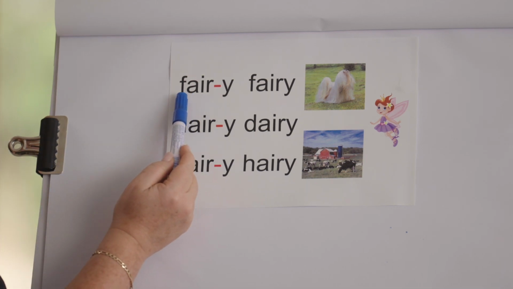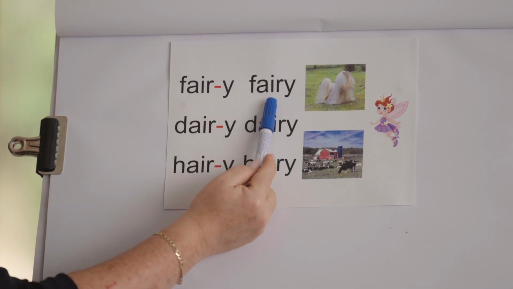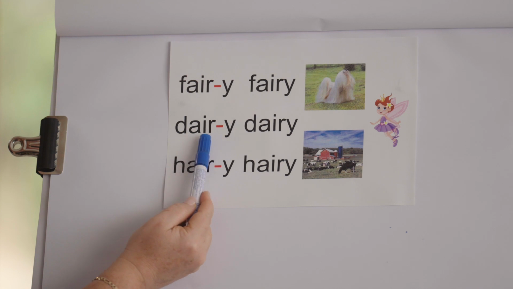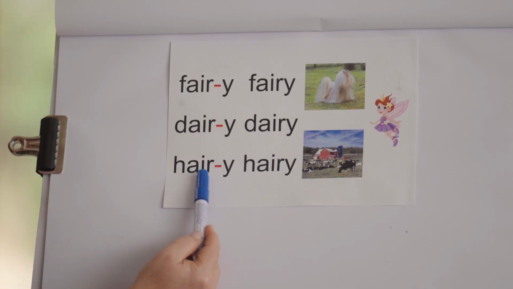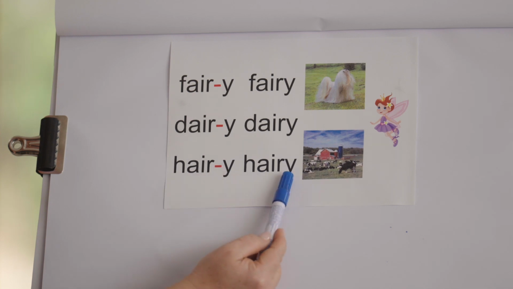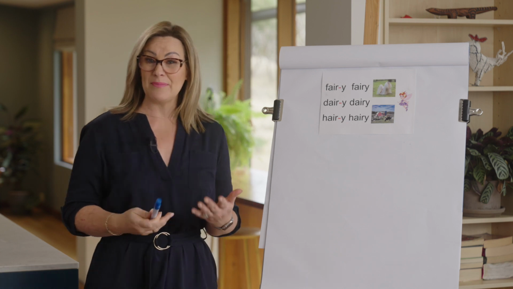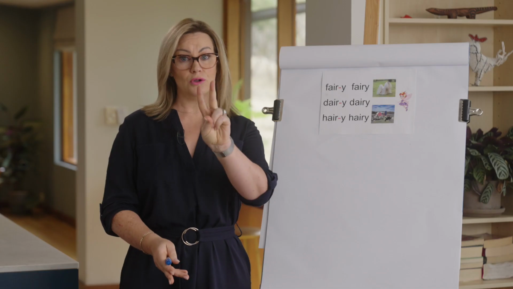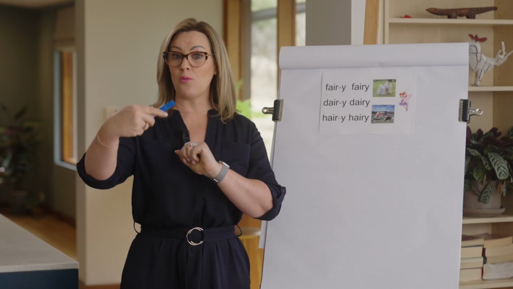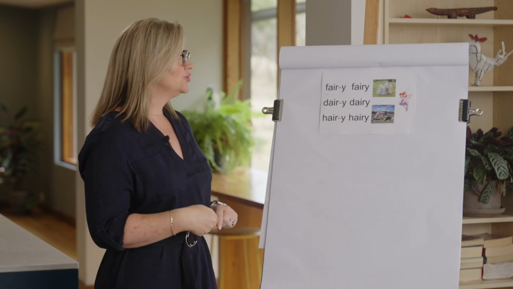So we have fair, E, word fairy. Dairy, dairy. Hairy, hairy. So this is a multi-syllable word because if we're tapping them out, tap them with me. Fairy, dairy, hairy. All 2-syllable words, so that Y is making the phoneme E. Terrific.